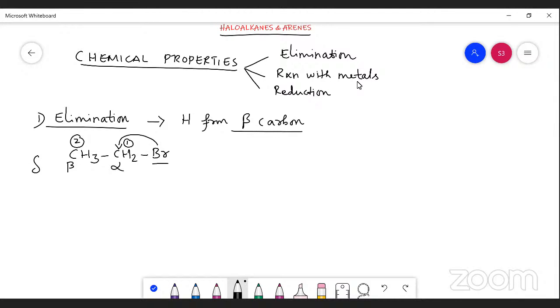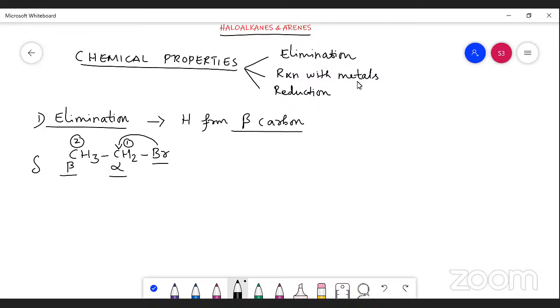You got it? So the carbon to which the halide is attached gets the name alpha, and the next carbon is the beta carbon. We are going to eliminate the hydrogen from the beta carbon. Now I will show that elimination.